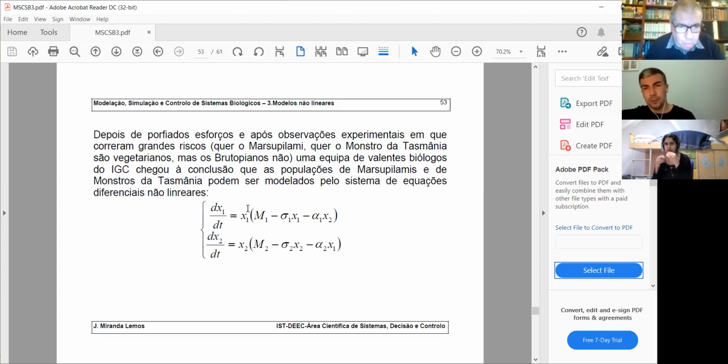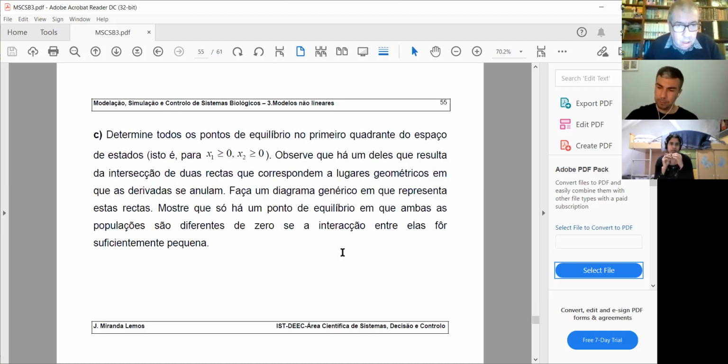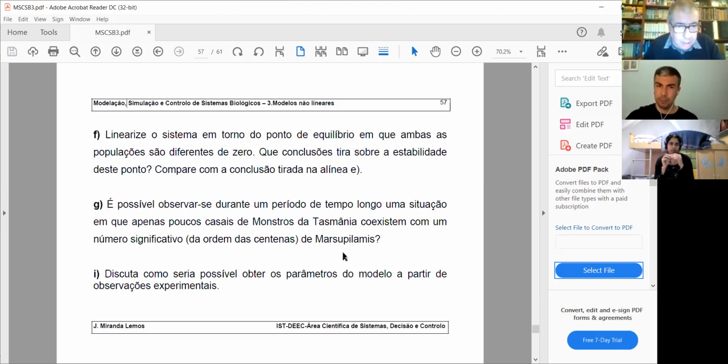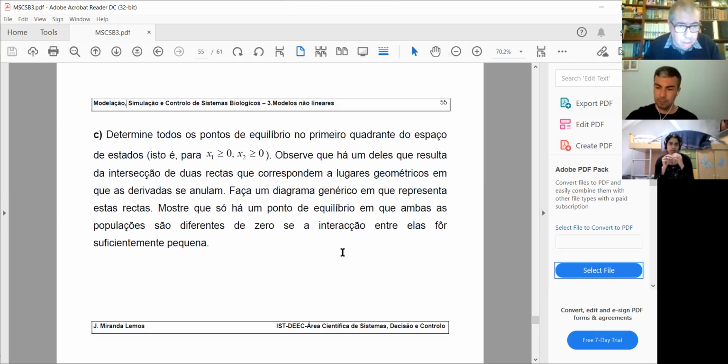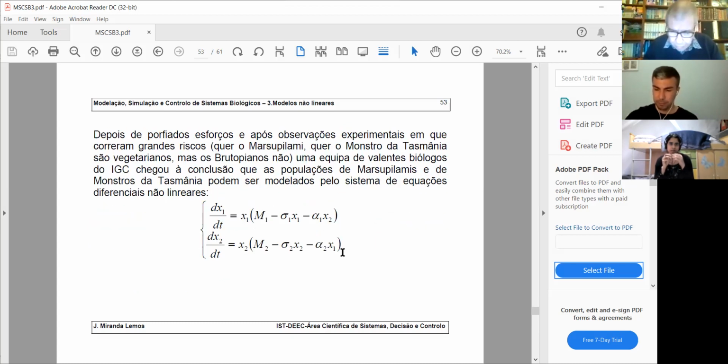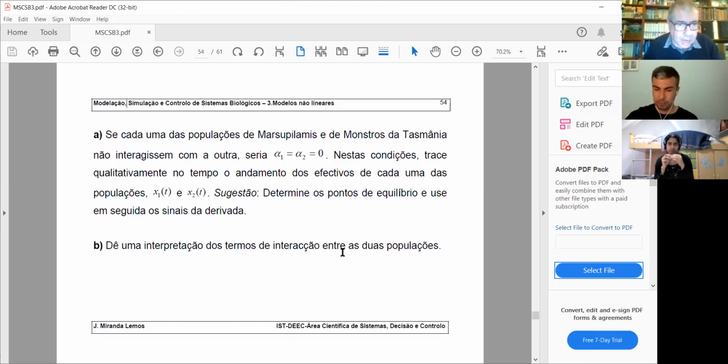Remember this, M1, sigma 1, alpha 1, M2, sigma 2, alpha 2, they are numbers. Let's put numbers.